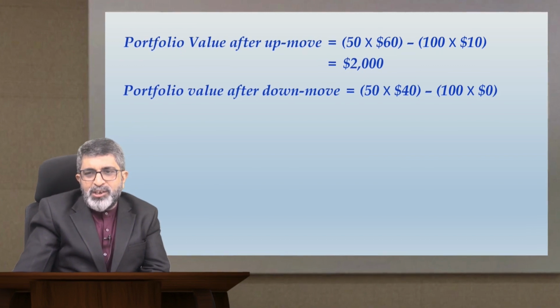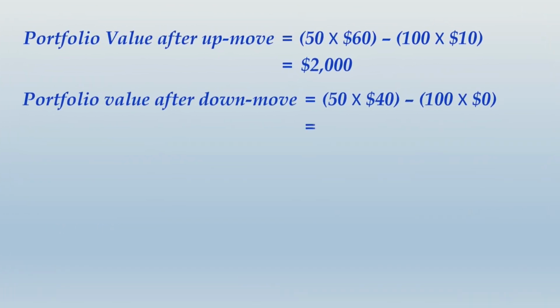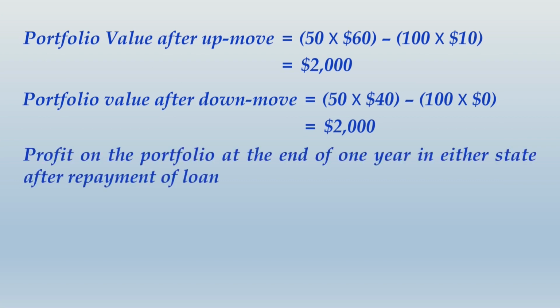So let me show the calculations over here. So either case, the portfolio has a value of $2,000. Profit on the portfolio at end of 1 year in either state after repayment of loan will be $2,000 minus $1,870, that comes to $130. But keep in mind, this $130 you are going to receive when?